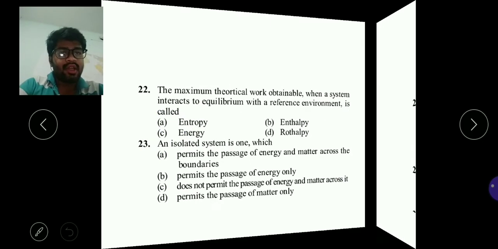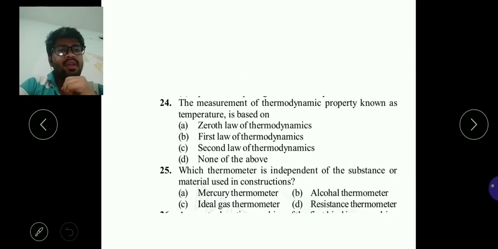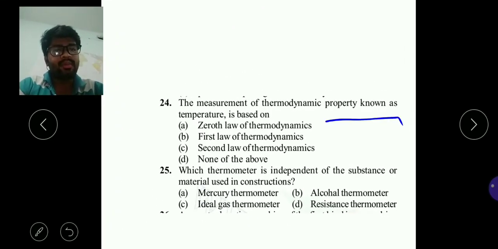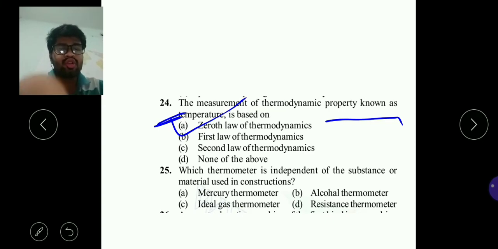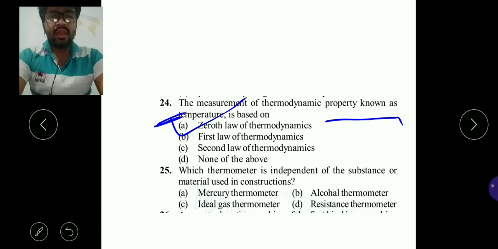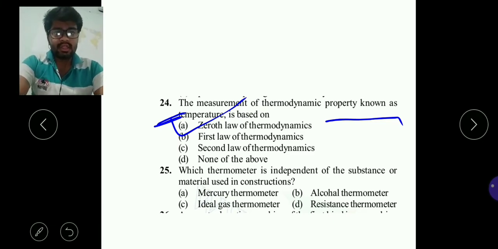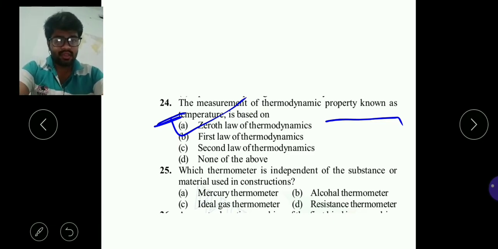Moving next, the measurement of thermodynamic property known as temperature is based on, we know, the zeroth law of thermodynamics. So the zeroth law is telling about temperature only. The first law of thermodynamics is telling about internal energy.